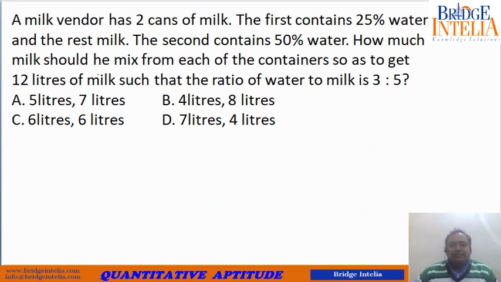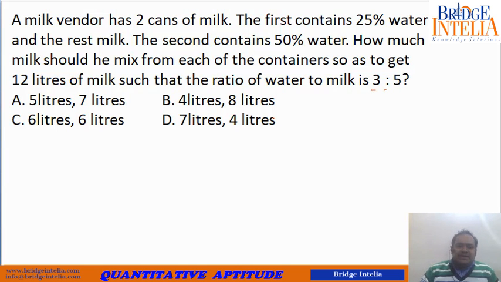A milkman has 2 cans of milk. The first contains 25% water and rest milk. The second contains 50% water. How much milk should be mixed from each of the containers so as to get 12 liters of milk such that the ratio of milk to water is 3:5.